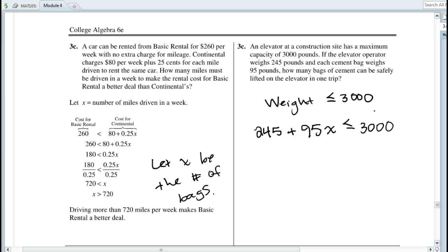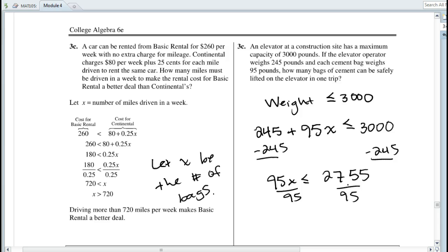And then this will figure out, if we solve for x, what the largest number of bags he can bring is. So start by subtracting 245 from both sides. So we have 95x less than or equal to, looks like 2755 to me. Then divide by 95, and we'll see the maximum number that he can bring.